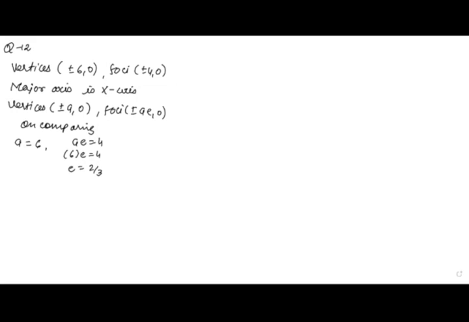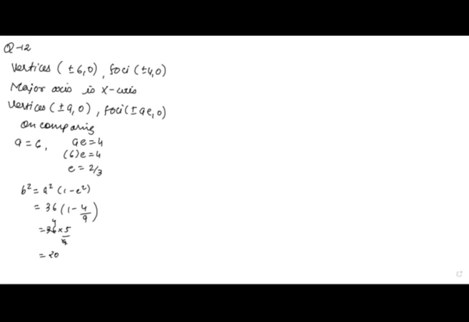We will find the value of b square using the formula b square is equal to a square into 1 minus e square. So 36 into 1 minus 4 by 9. 36 into 5 by 9. 4 5s are 20.